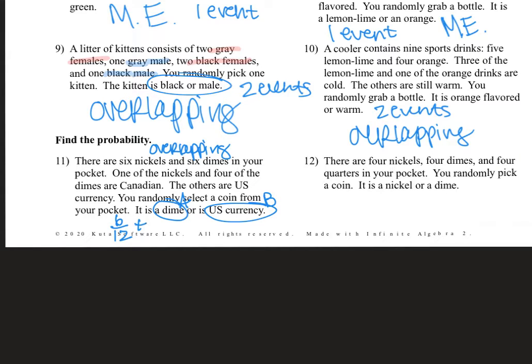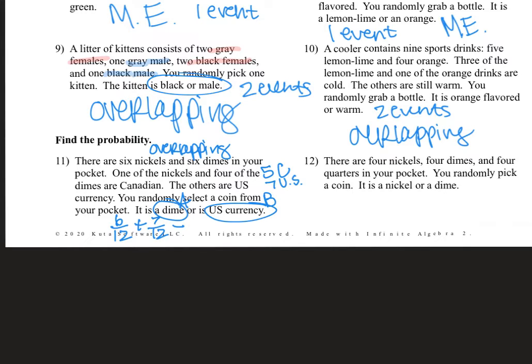I'm going to add it to my probability of B, which is U.S. currency. So 1 of the nickels and 4 of the dimes are Canadian. So that's 5 coins that are Canadian. That means the others, which are 7 of them, have to be U.S. Okay? So U.S. currency, there is 7 out of 12 coins that are from the U.S. Now I'm going to subtract dimes that are U.S. currency.